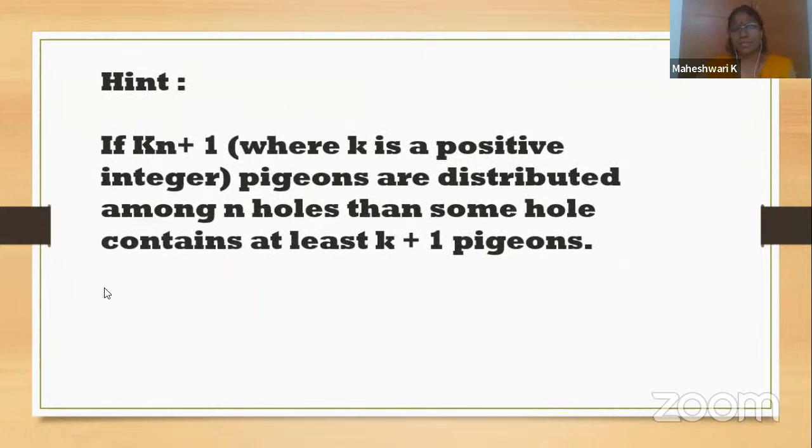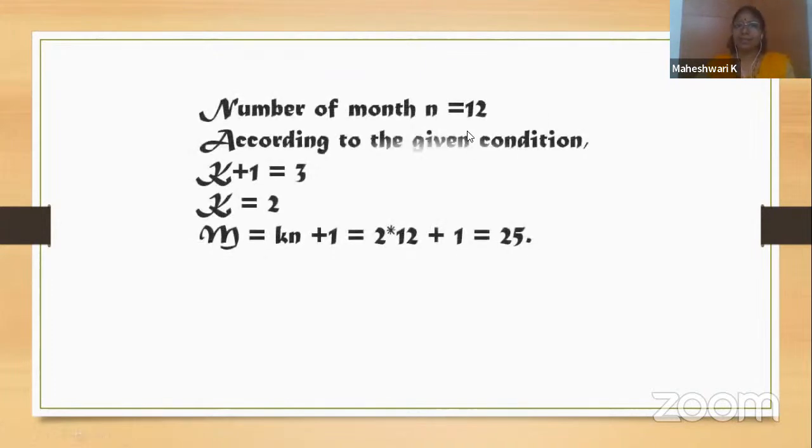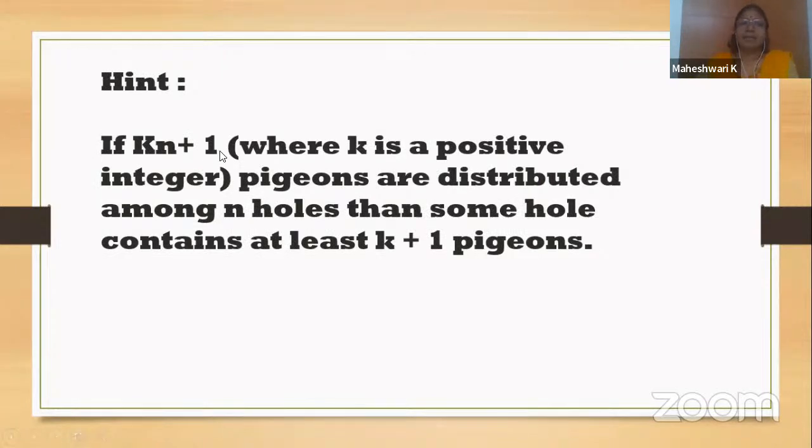Once you identify what K is and what N is, that confusion gets eliminated, whether it's 36 or 20, given that the number of months is 12. Going to the previous slide, this is the generalized formula: Kn plus 1 pigeons are distributed among n holes. So K plus 1 is the least number of pigeons we need to figure out.